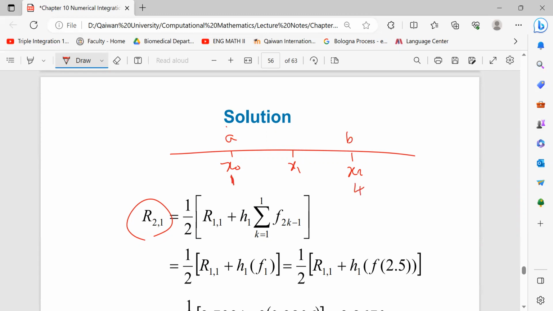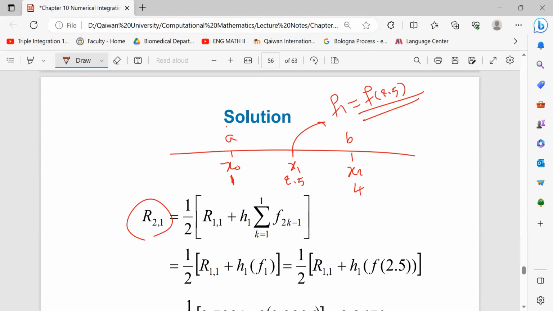What's the midpoint of these two? It is 2.5. So F1 is F of 2.5.